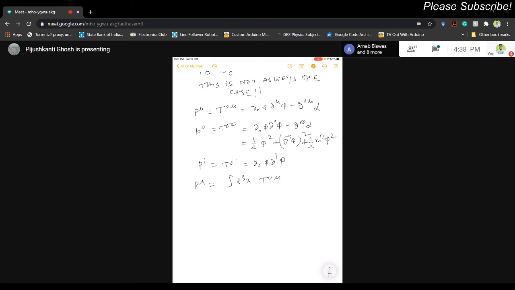Okay, so this is the expression. Previously, I wrote P mu, that was the energy momentum density. Now I am integrating, so this is no more a density.